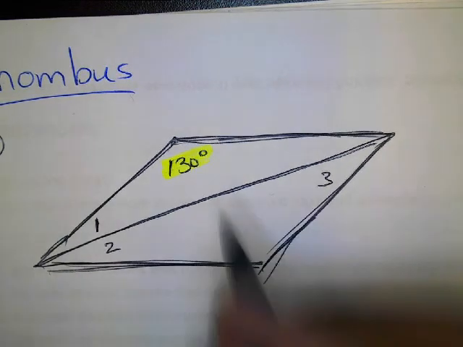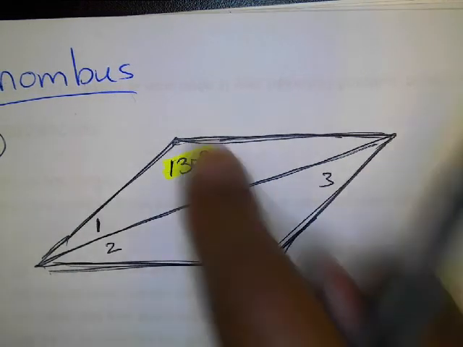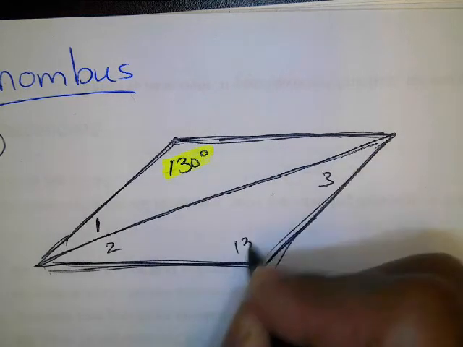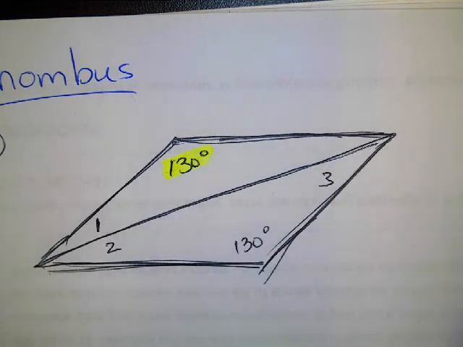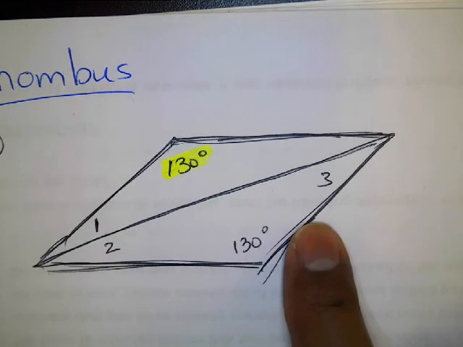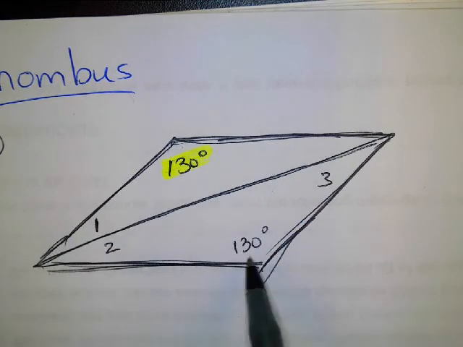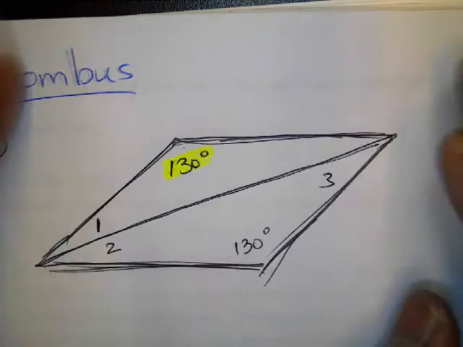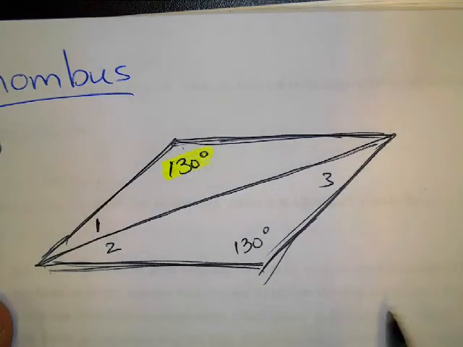So I know if that's 130, then remember opposite angles are congruent. So that's 130, and this one's 130. And remember, this triangle will be exactly congruent to this triangle. So that top angle and this bottom angle, if they fold over, those are the 2 congruent triangles.